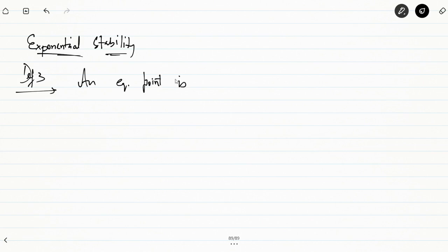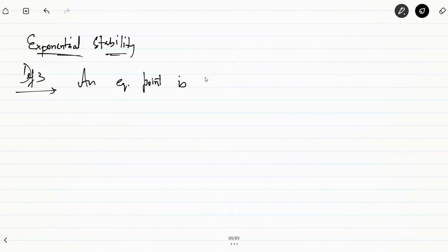The third definition of stability is that of an exponentially stable system. Definition number 3. We'll be understanding Lyapunov's direct method as well, but for that we need to understand those different types of definitions of stability in the case of nonlinear systems.